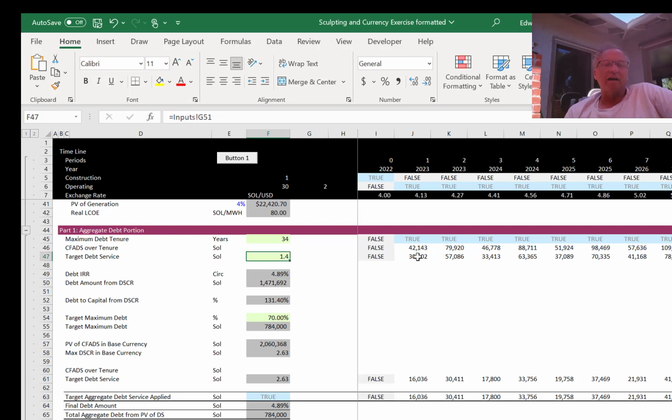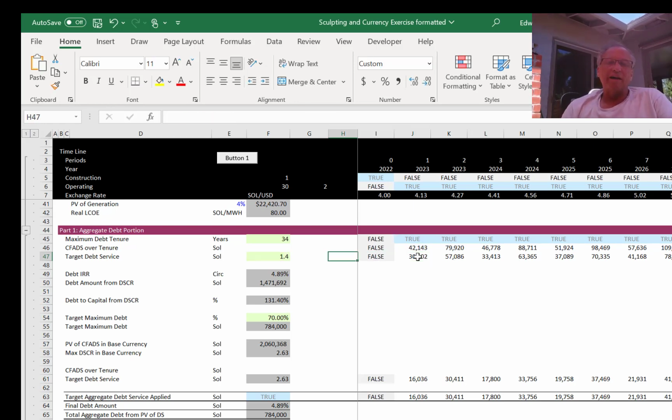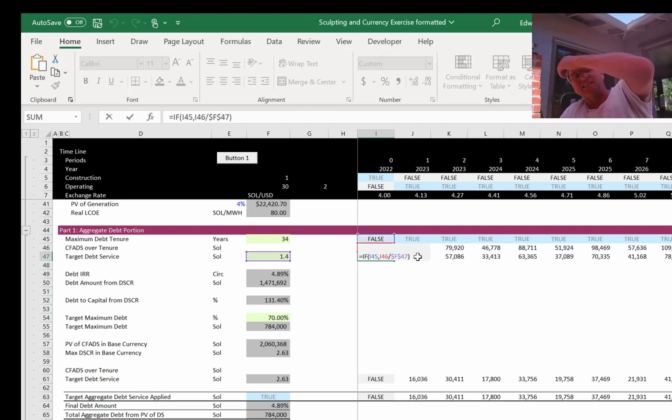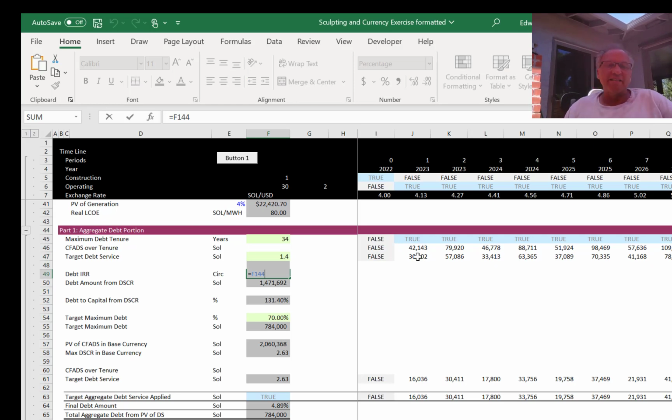And then we can put a target DSCR in. When I do this in this example, and I think I'm going to have to change it a little bit later, I use a true false, and the reason I use a true false is if you have a simple calculation and you're using a debt IRR, which right now is coming from downstairs, there is a circular reference associated with this.